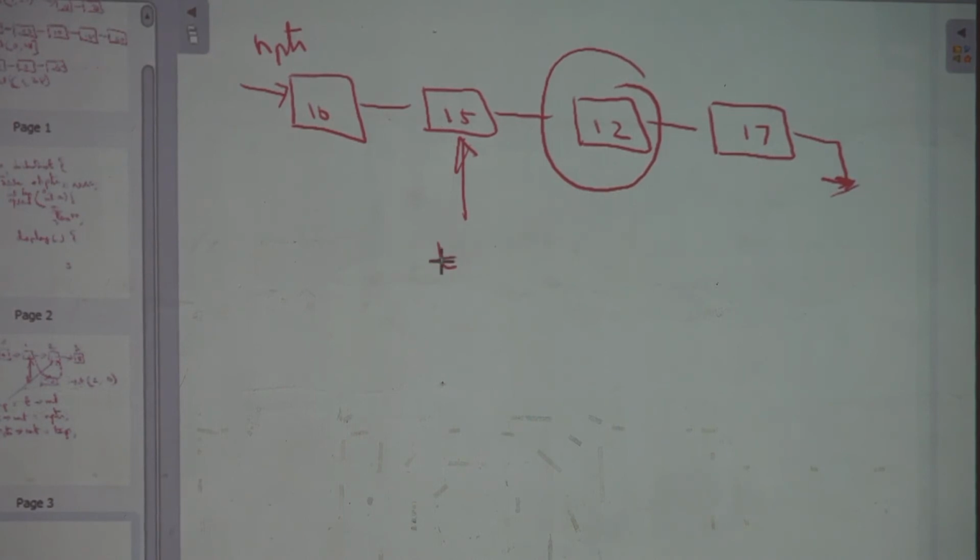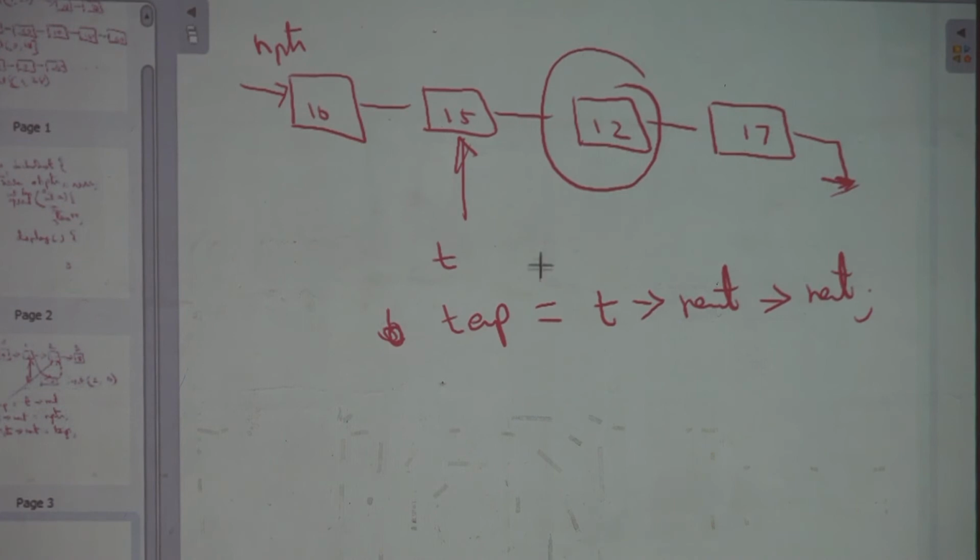I'll create a variable called temp, a node pointer. Temp is equal to T next next. This is a legitimate construct. T next is this guy, and his next is this guy.